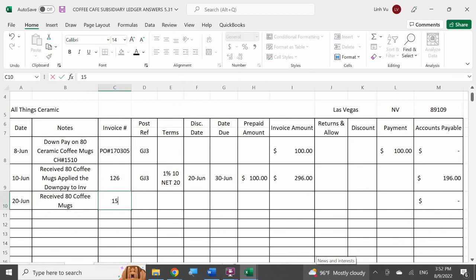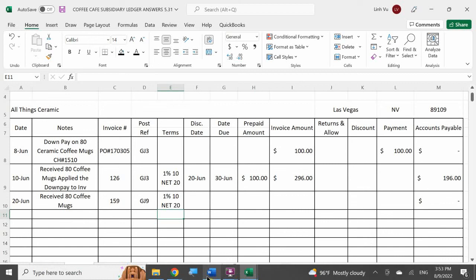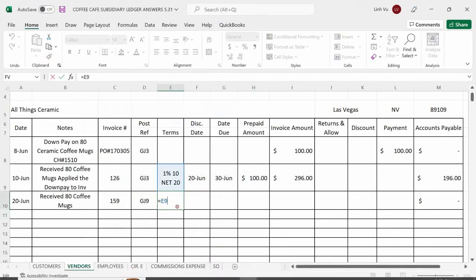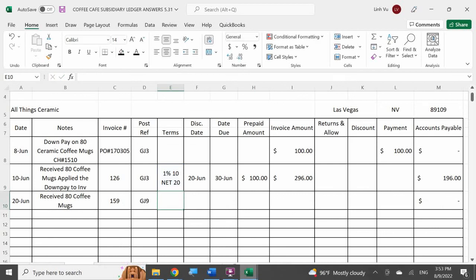The invoice was $159, page 9, 110 net 30. 110 net 20. Let me confirm. Oh yeah, this one's net 30. Okay. So the first one's net 20. Second one is net 30. Okay, 1% if they paid within 10 days. If not, it is due in 30 days.